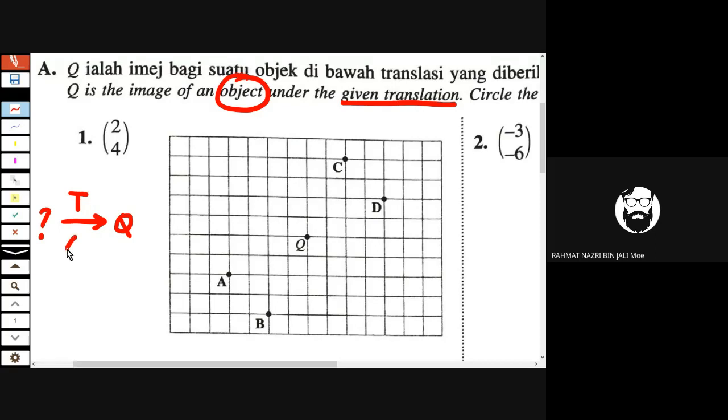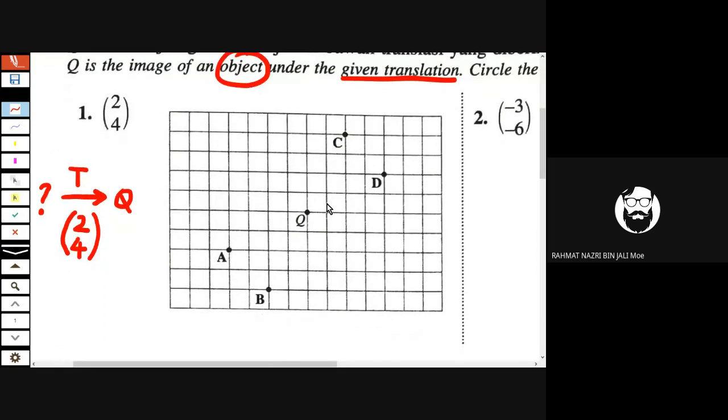Which object translates 2 boxes to the right and 4 boxes upward? Since we want to find the question mark here, we change the direction of the arrow. Now we are looking for the question mark, which is the object of Q.